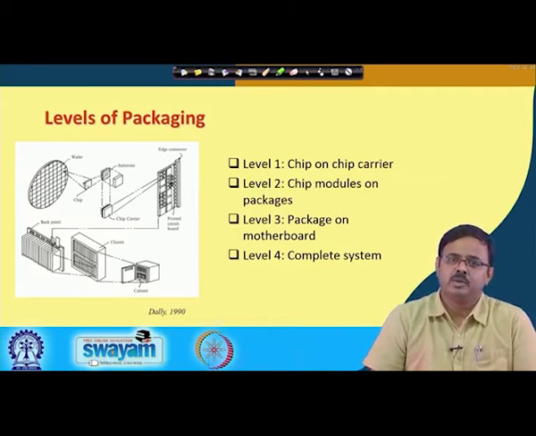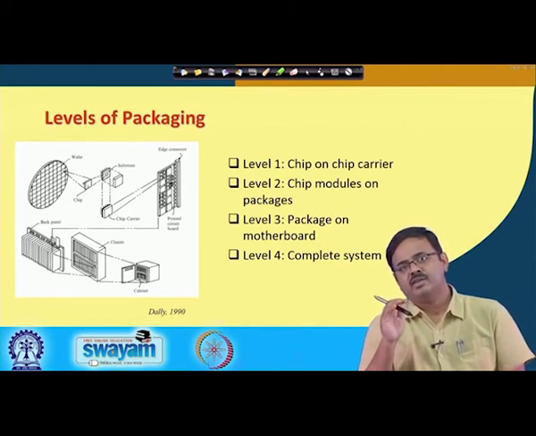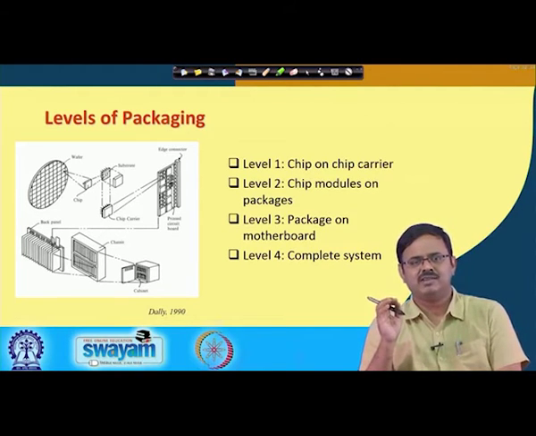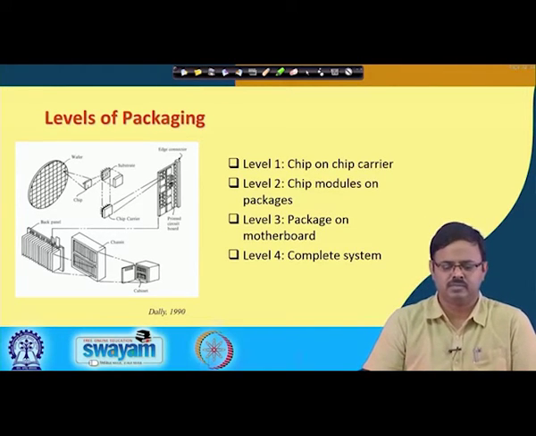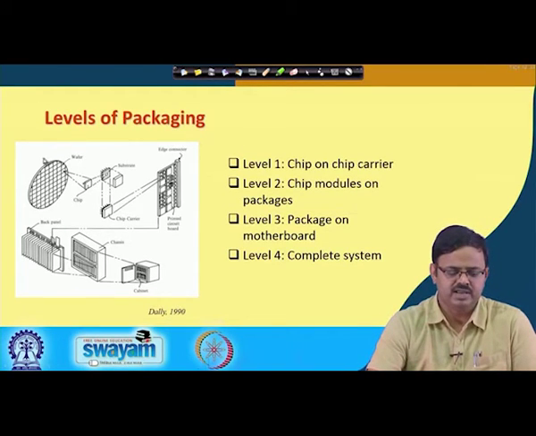What else? So if you now think about, break it down to the various levels of electronic packaging, I mean the definitions do vary from one school of thought to another, but I think level 1 and level 2 is pretty much what people kind of agree upon. Level 1 is the chip on a chip carrier. Now what is a chip first? So what you see here, what I am showing in this cursor, is what is known as the wafer, the silicon wafer.